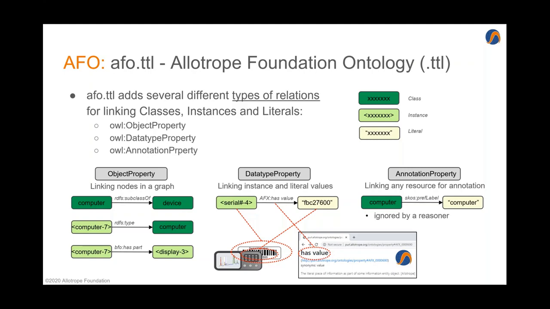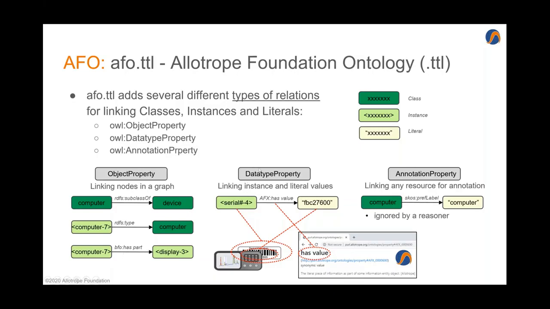So there are object properties for linking nodes in the graph between classes. So computer is a subtype of a device. Instances and classes: computer 7 is an instance of the computer class. And instance to instance: computer 7 has part display 3.